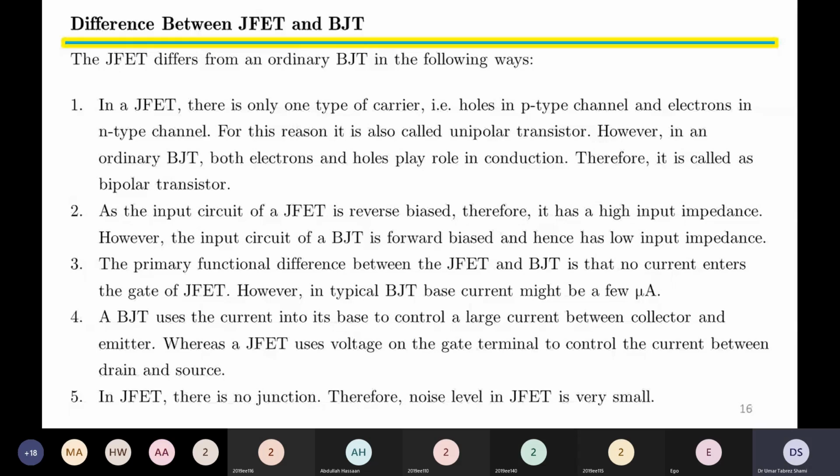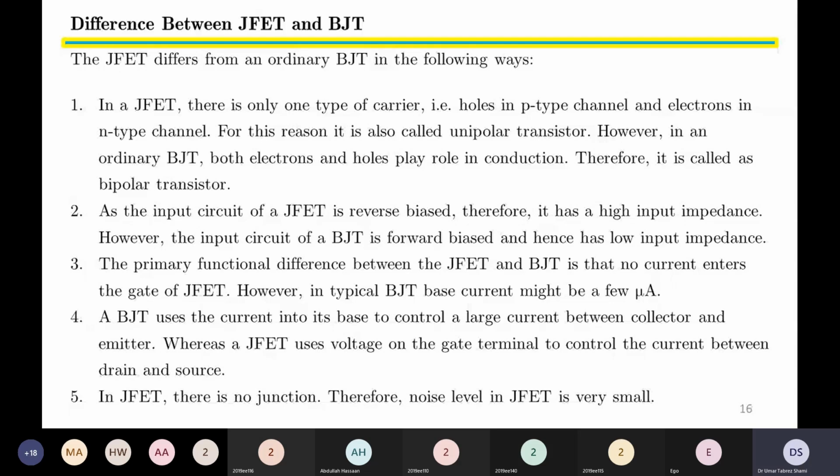Therefore, in JFET or MOSFET or FET technology, we use the control terminal as a reverse biasing terminal. And since the PN junction of the JFET is reverse biased, the input circuit has a very large input impedance.